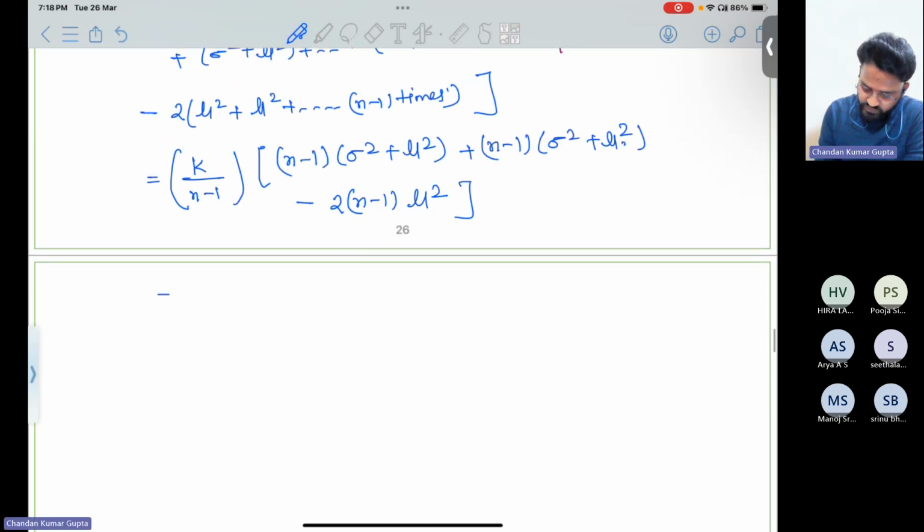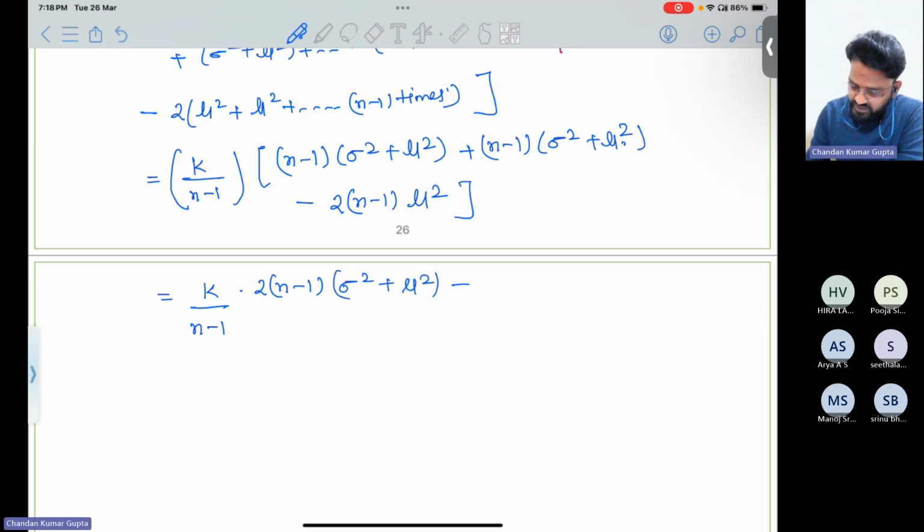So it is like twice of n minus 1 of sigma square plus mu square minus twice of n minus 1 mu square.